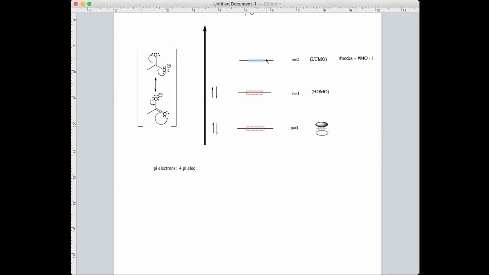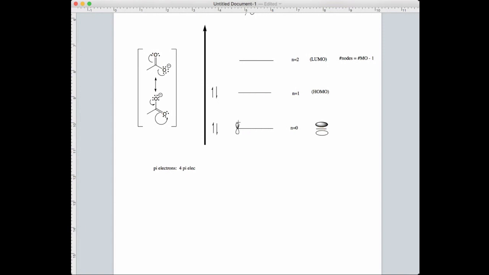Because we have 3 molecular orbitals, we know that the highest number of nodes will be the number of molecular orbitals minus 1, so 3 minus 1 is 2, so the highest will have 2 nodes. Below that, 1 node, 0 nodes. So now we know 3 sp2 next to one another, 3 p orbitals, 3 molecular orbitals, 0, 1, 2 nodes. And now we can just build the diagram.